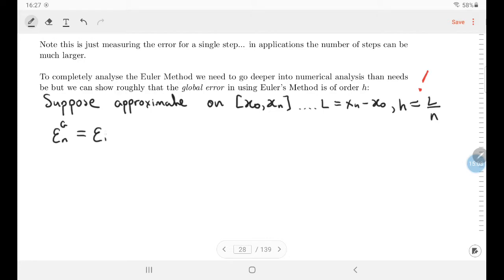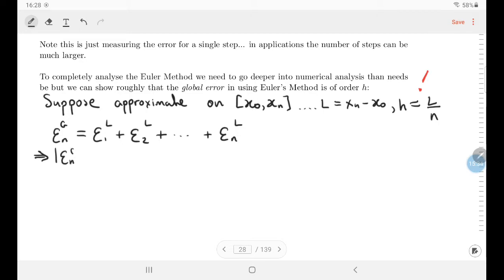So you get the first local error, plus the second local error, and I'll explain what these are in a minute, plus the final local error. Now what's going on here is, the first one is what we've been studying above, so you go from x0 to x1, this is the error. This is the error when you go from x1 to x2, and the next one is the error from x2 to x3, etc.